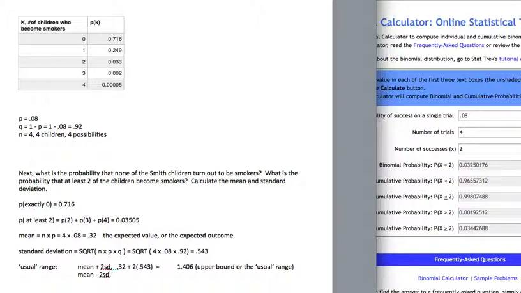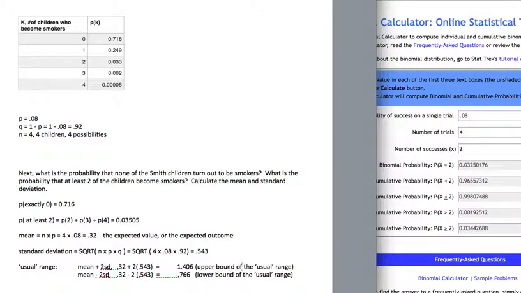If we do the same thing but take 0.32 and subtract 2 standard deviations, we would get negative 0.766. And this represents the lower bound of the usual range.